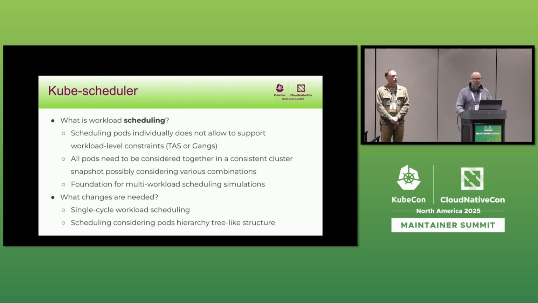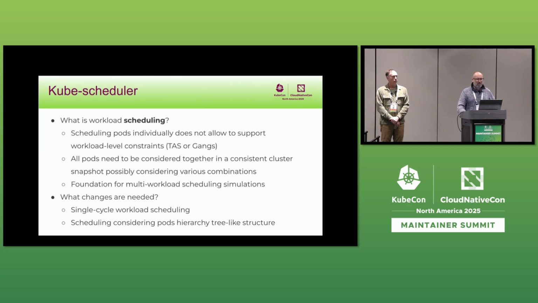So what is workload scheduling then? We expect that at some point every pod will be part of some workload. In the simplest example, pods will be just grouped in workloads, and they will still be scheduled individually like it is today. So the value is when we have some workload-level constraints.